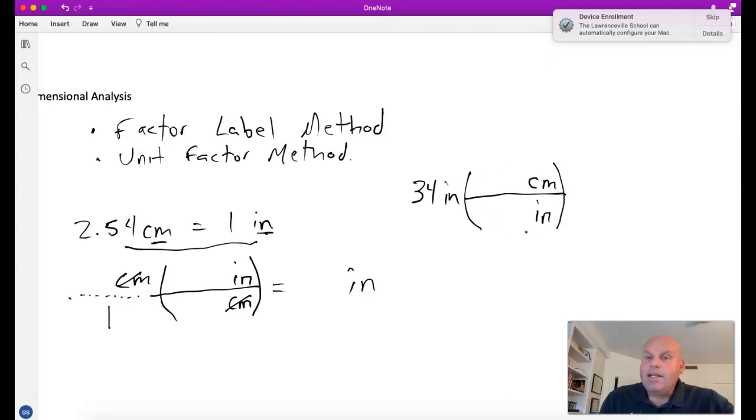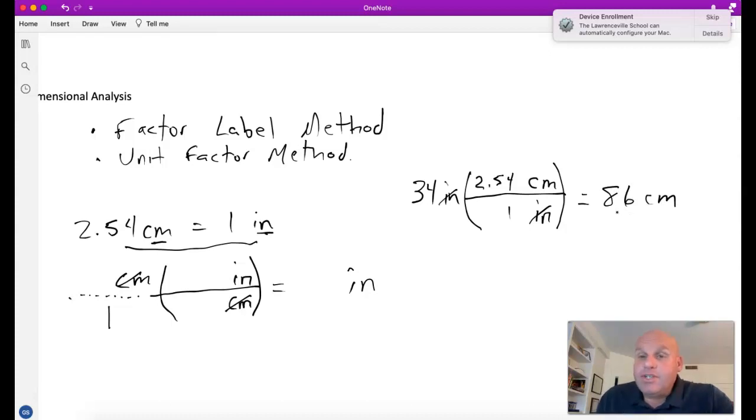Now this equality doesn't change. Where the values go, top and bottom, could potentially change depending on what I start with out here, but the relationship between centimeters and inches does not change. So my conversion factor is 2.54 centimeters in every 1 inch. Now inches cancel. I would multiply across the top here and I would get an answer of 86 centimeters.